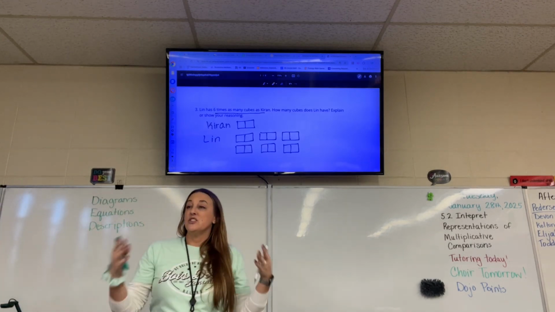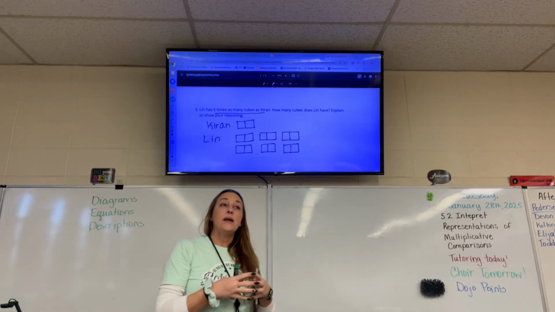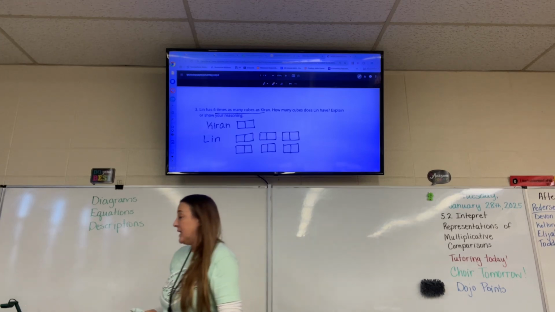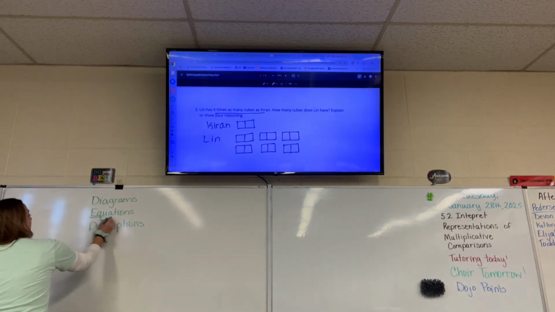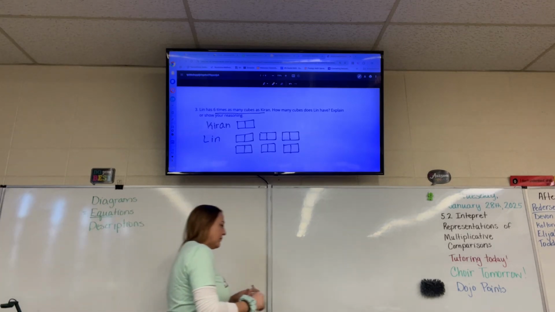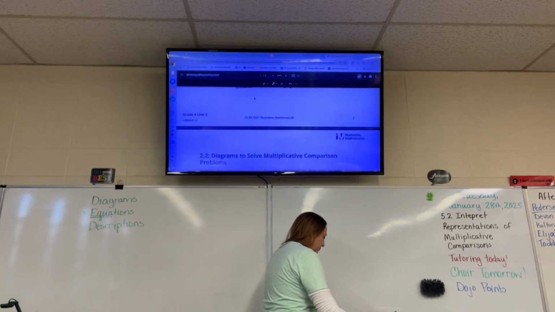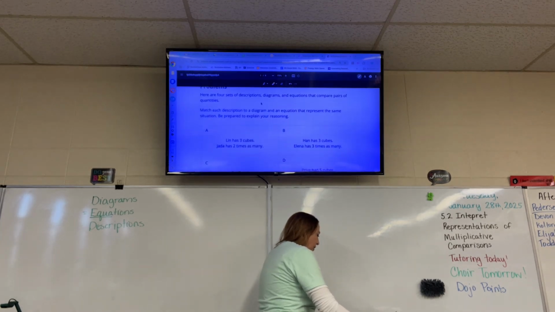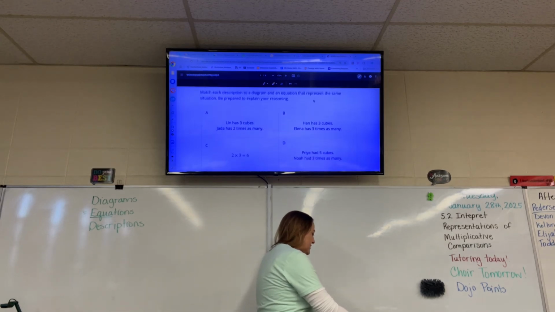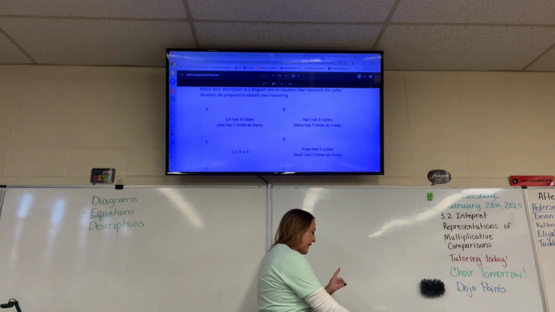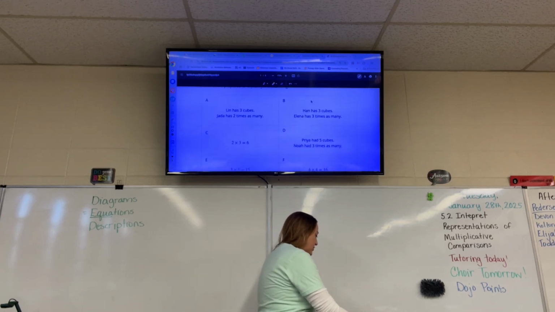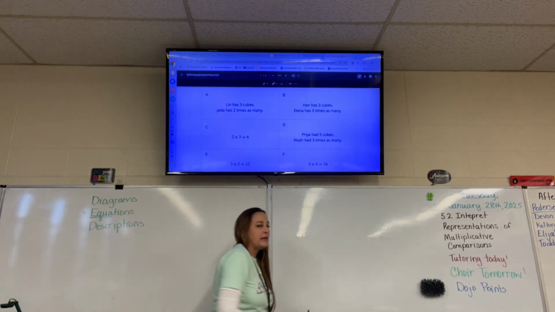The diagram is the drawing of it, and then the equation is the math problem with an equal sign in it. Because an equation, it's got that word equal. All right, here we go. Here are 4 sets of descriptions, diagrams, and equations that compare quantities. Match each description to a diagram and an equation that represent the same situation. Be prepared to explain your answer.